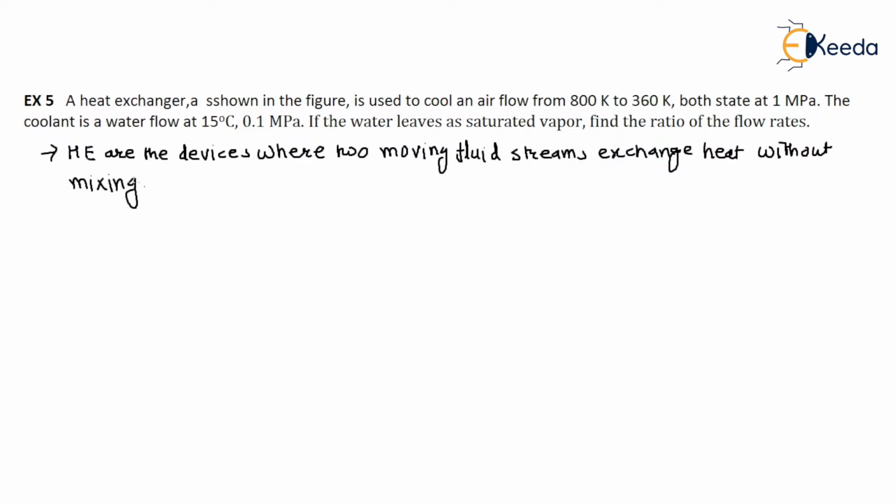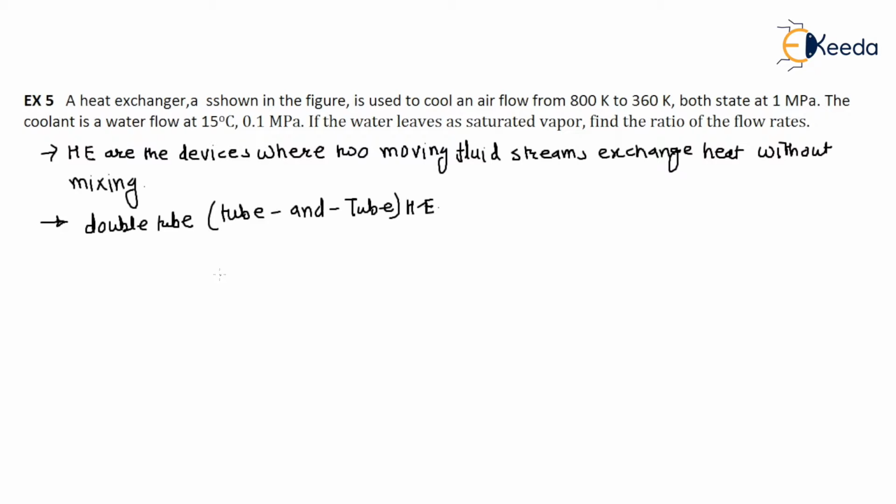The very simplest heat exchanger, which we are going to learn in this case, is the double tube, also called the tube and tube heat exchanger. In this, it is composed of two concentric pipes.